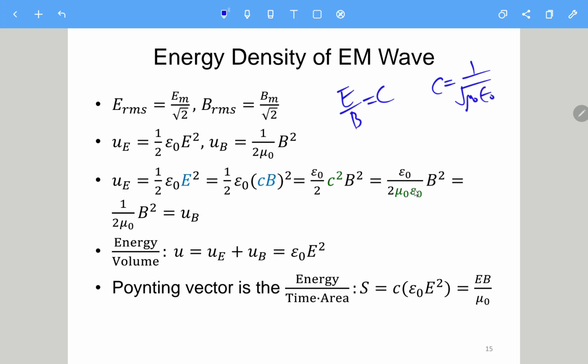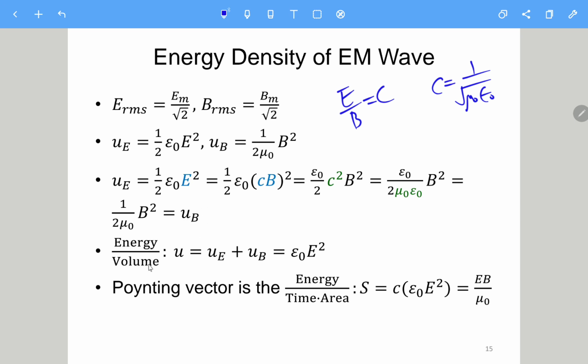Okay, so we have c squared here, so we have mu naught epsilon naught in the denominator. So epsilon naught and epsilon naught can be cancelled with each other. So it equals 1 over 2 mu naught times B squared, which is the energy density stored in the B field.